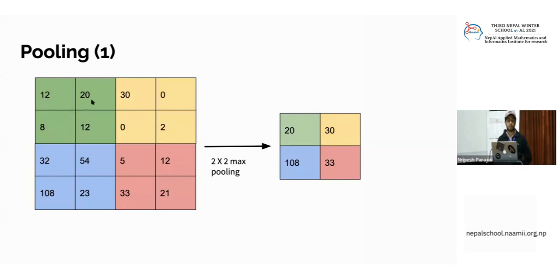It takes a 2 by 2 region and outputs the maximum of that region. So it's 20 here, 30 here, 108 here, and 33 here. Pretty simple. Any questions here? This is just a way of reducing the dimensionality of your input data. Of course, I did this in 1D as well. I'm just showing this for 2D.